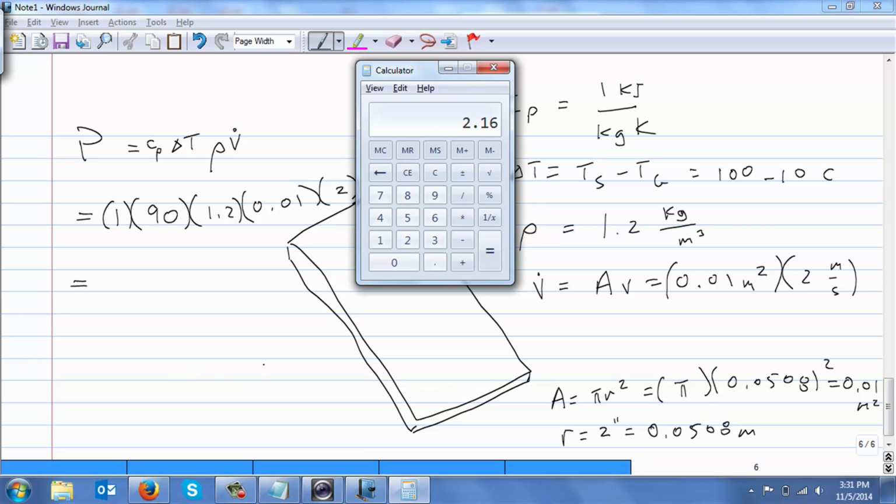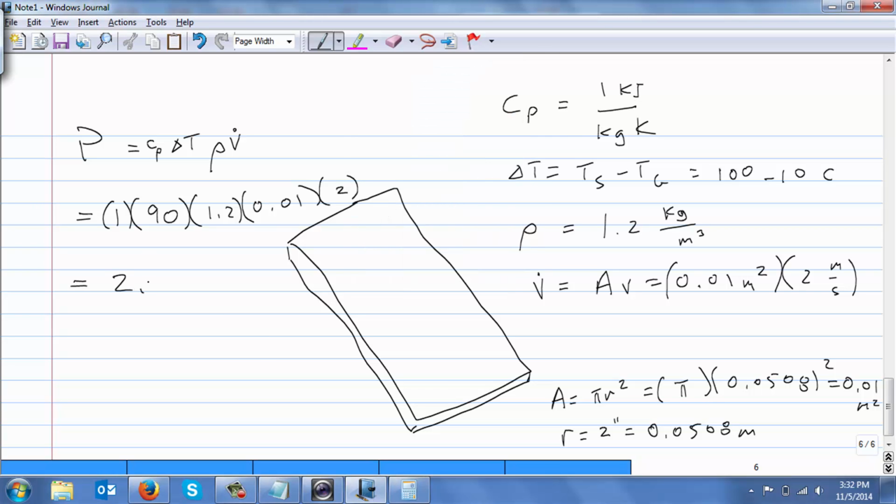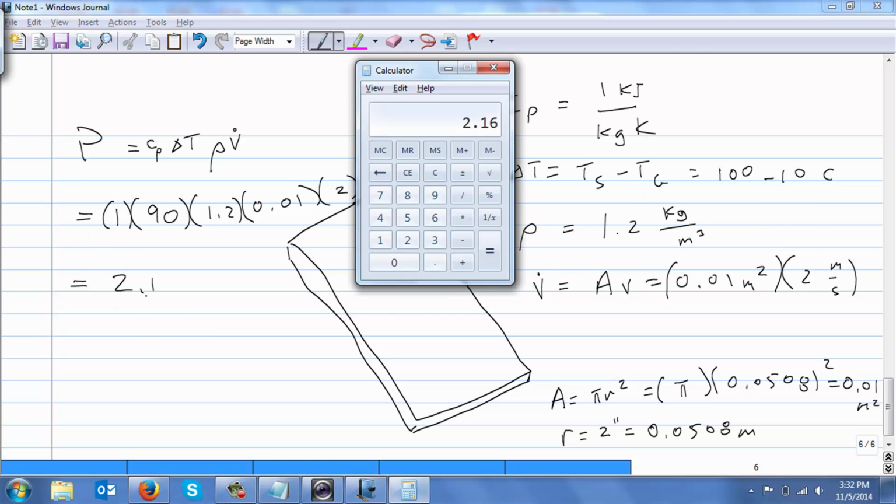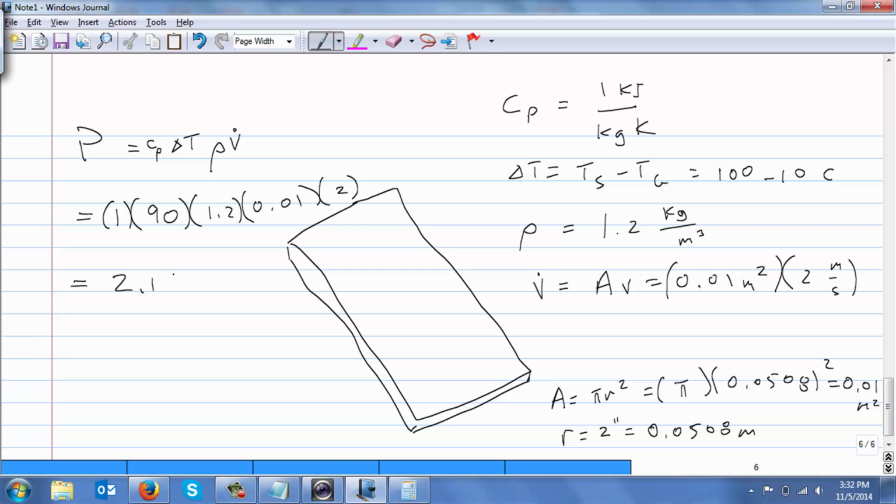That's pretty low. 2.16. You have to change kilojoules to joules for that? Yes, thank you. I thought the same thing. Is that 2.16 watts? No, it's kilowatts.